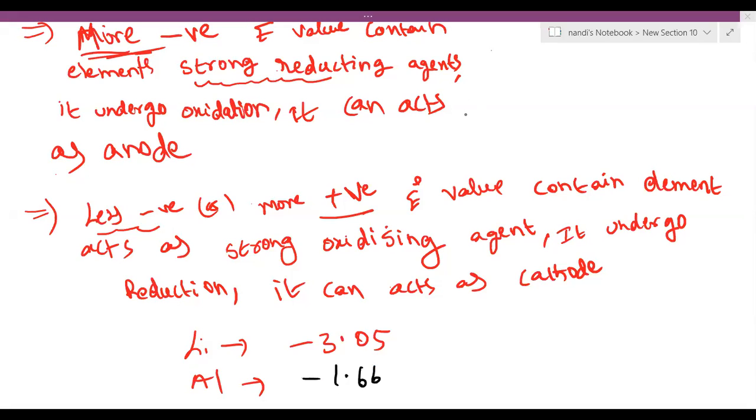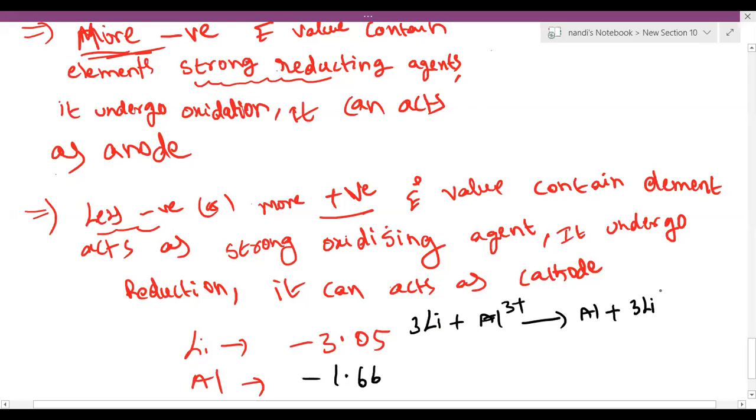Very good, sir. Now we can see which of the following reactions is feasible. Which of the following reactions is possible or feasible? You can take, doesn't matter. Lithium plus Al3 plus, very important for KVPY, aluminum plus 3 lithium plus. We can get this series if you learn.